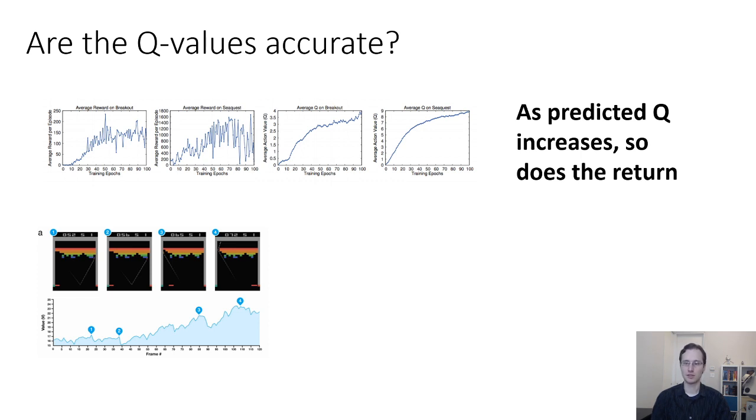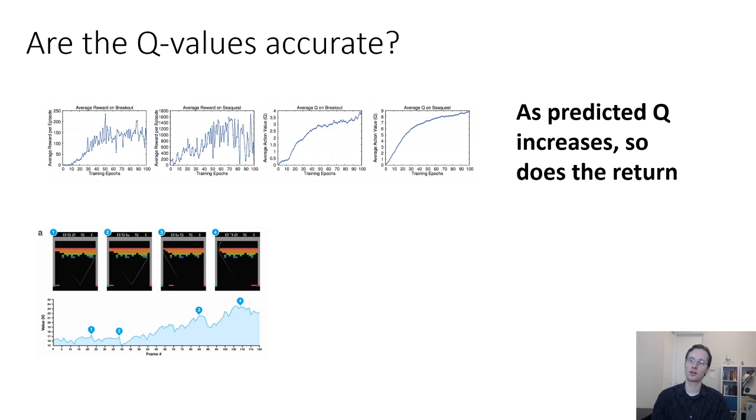What you can see here is that some of these values actually make a lot of sense. In number 1, you're about to break a block, and you have a high value. After you break that block, you bounce back down, and your value dips because you know that you're not going to get any points for a little while as your ball flies down and needs to be bounced from the paddle. In step 3, you're about to break through the top, so your value becomes quite large. But you don't quite make it. You break that last red block, but then you bounce back down, so your value goes down for a while, and then it rises right back up.